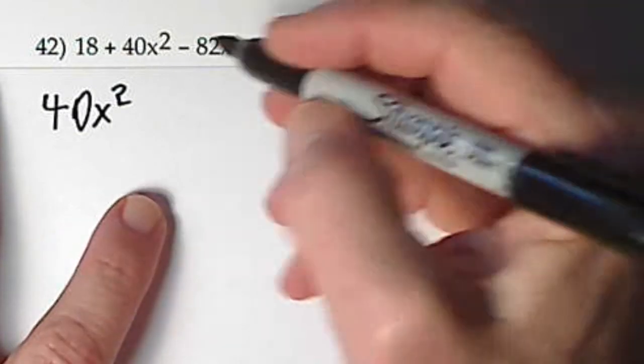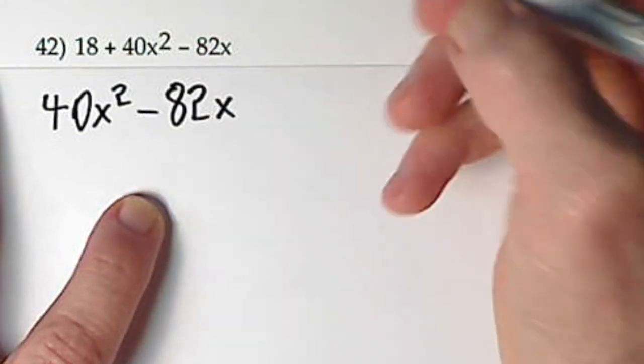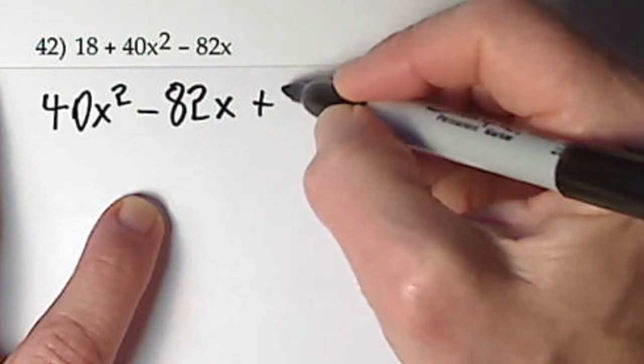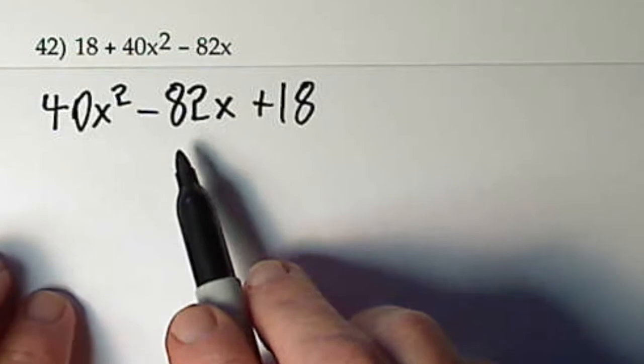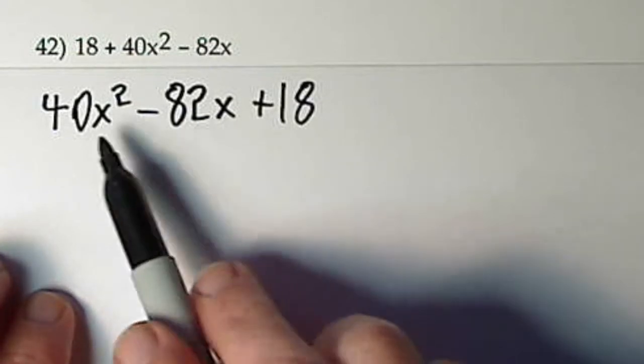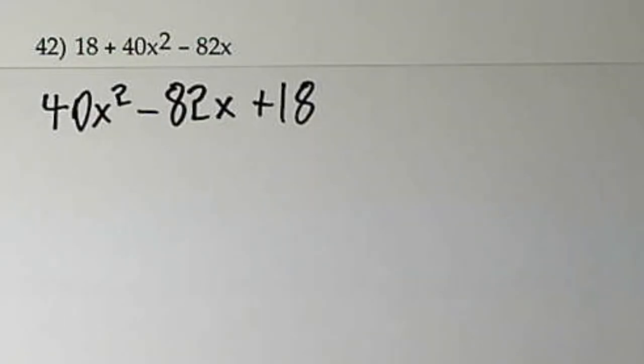Then you'll have negative 82x. And then you'll have positive 18. And I think if you look at these numbers, you can tell there's a GCF here that we can factor out. That's number 1 on our list, GCF.